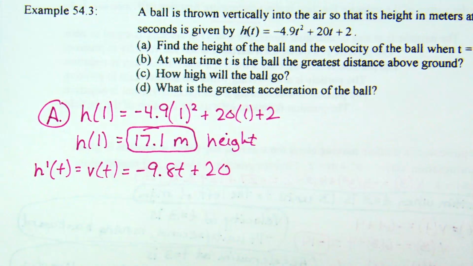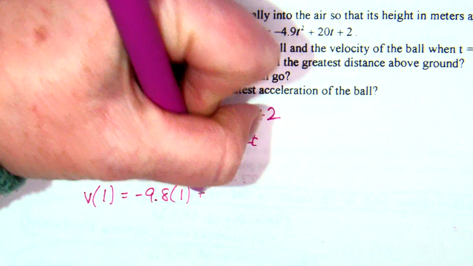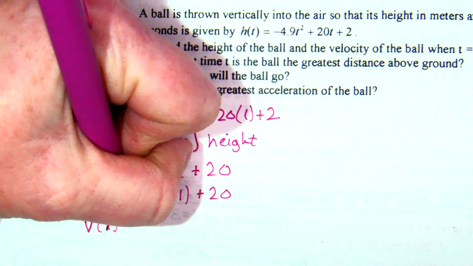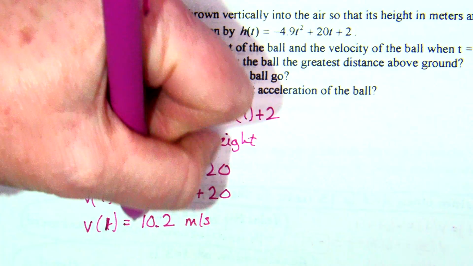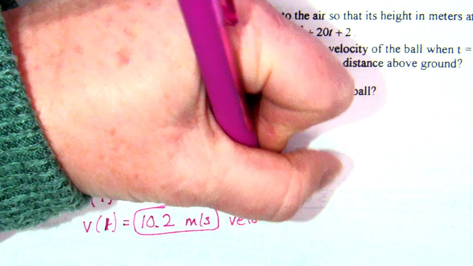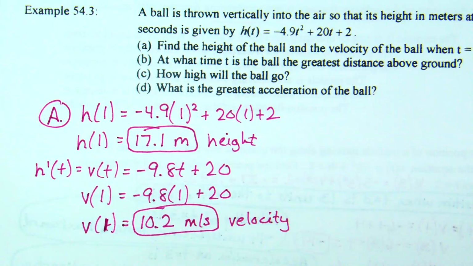And then we want to find the velocity at 1. So negative 9.8 times 1 plus 20 is 10.2. 10.2 what? Meters per second. And this is the velocity at time 1.